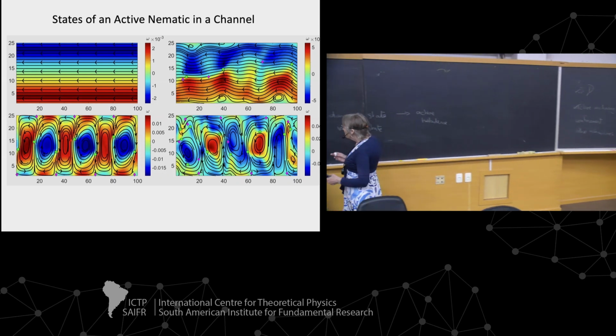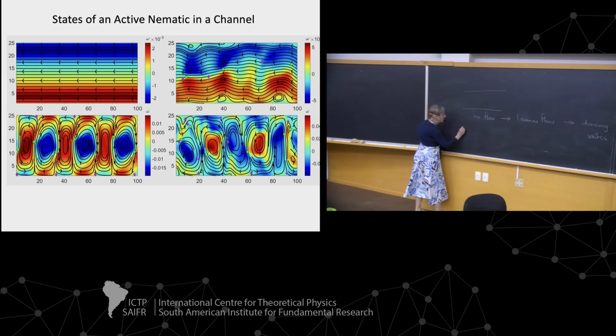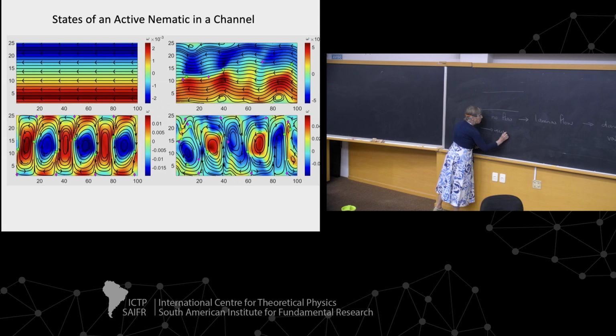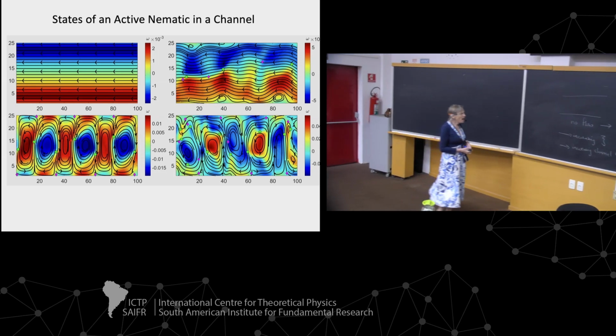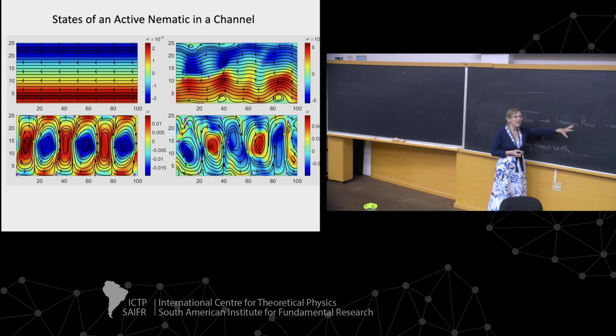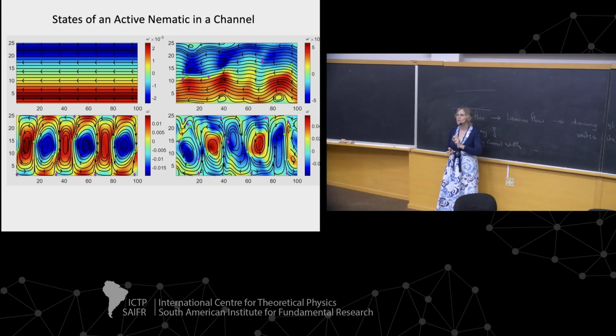Okay. So the control parameter for this is increasing activity, or also increasing channel width. So why do you think you might end up killing the active turbulence? What's not going to fit into the channel?